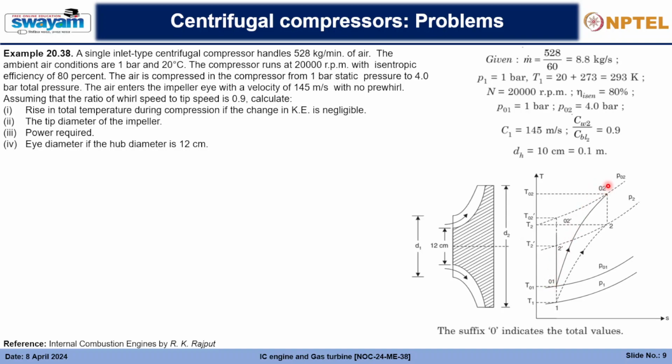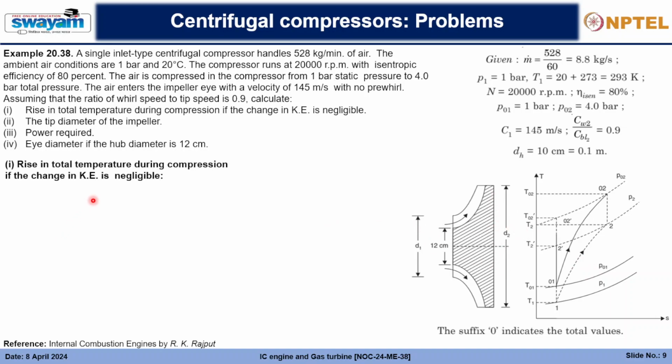This is not following the isentropic path, but rather having the losses, and we will do the analysis such that P02 is this pressure, P2 is this pressure. P02 is the stagnation pressure, P1 is the static pressure, and P01 is the stagnation pressure out here.